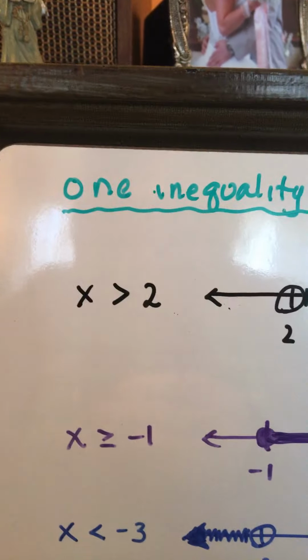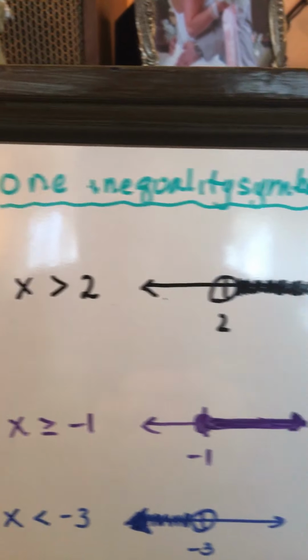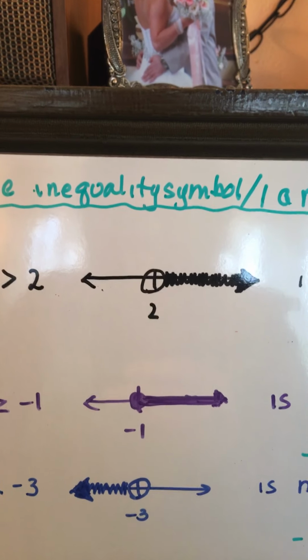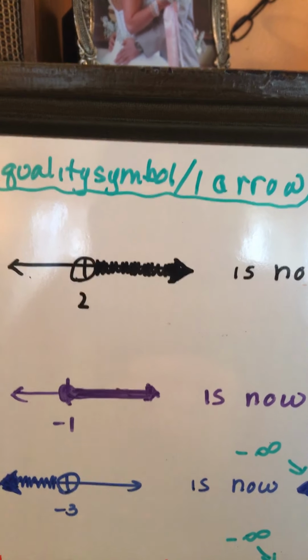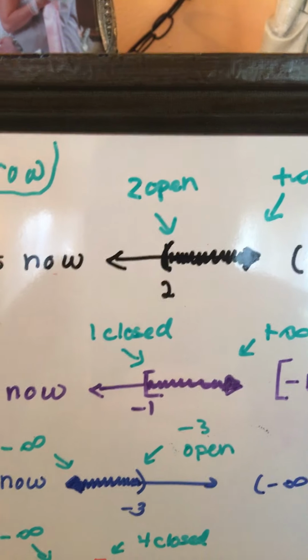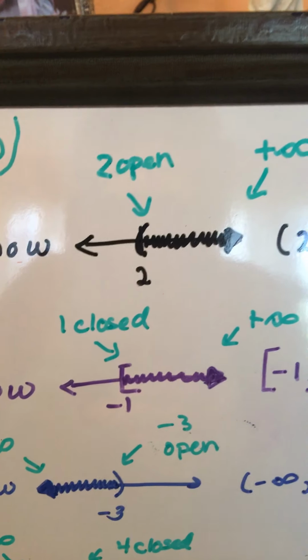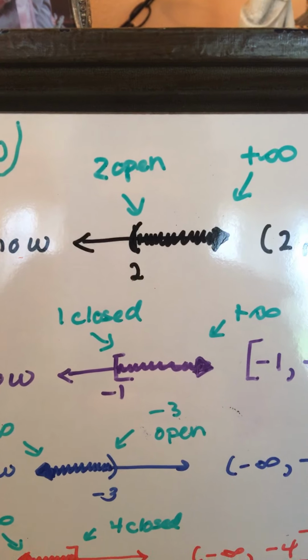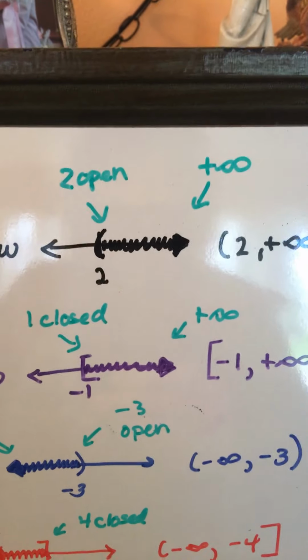So when I tell you that x is greater than 2, this is the picture you should have in mind. Now, this is the picture you're going to see in a book. They're not going to put an open circle, but a left parenthesis. And they might not even shade anything. They might just put the left parenthesis.